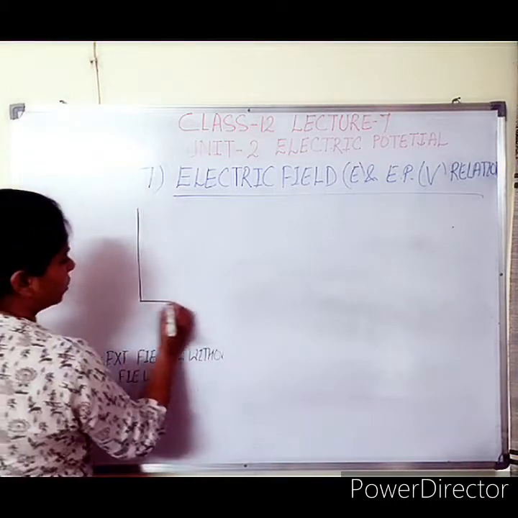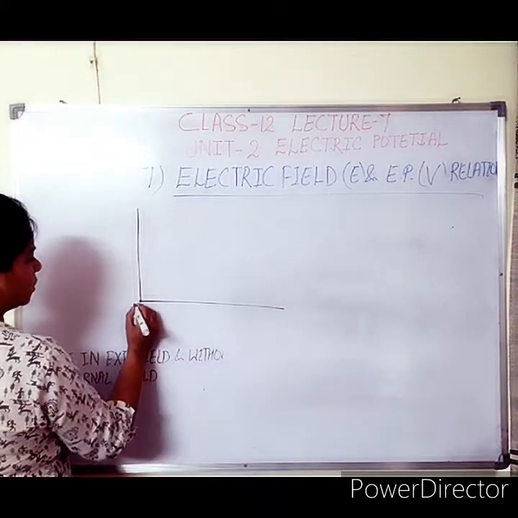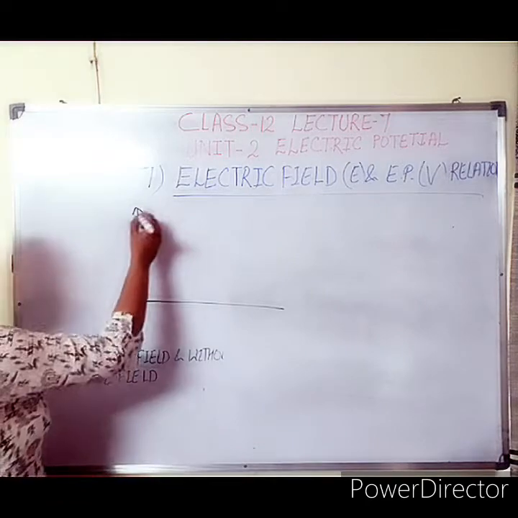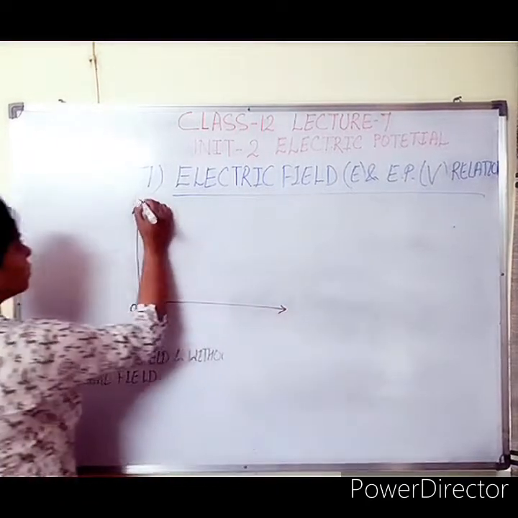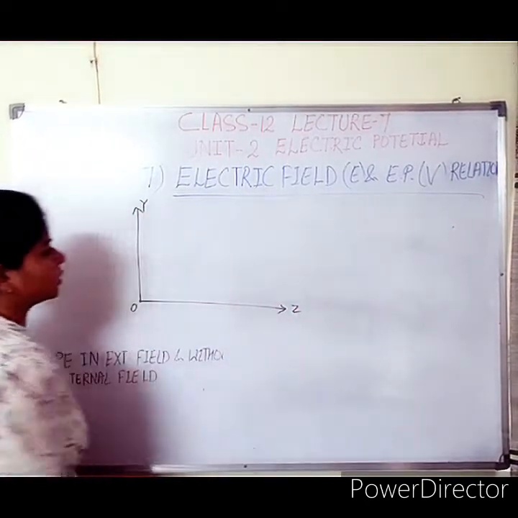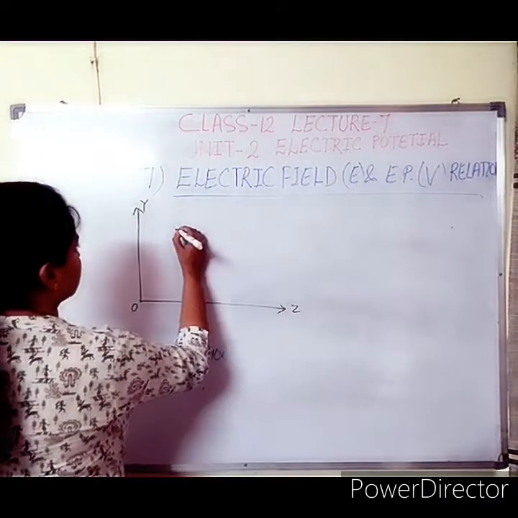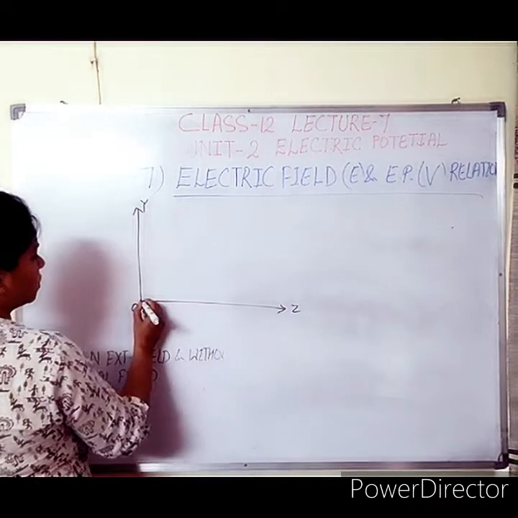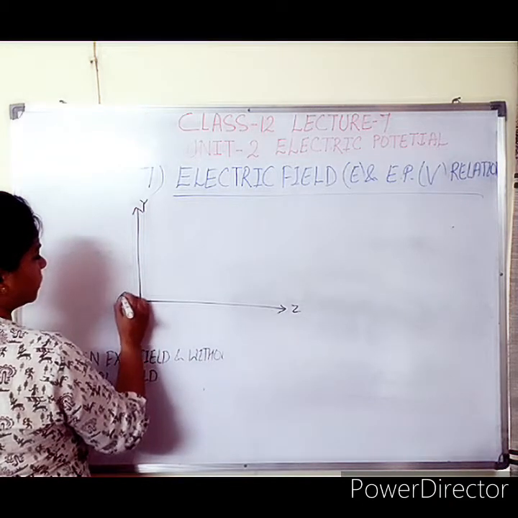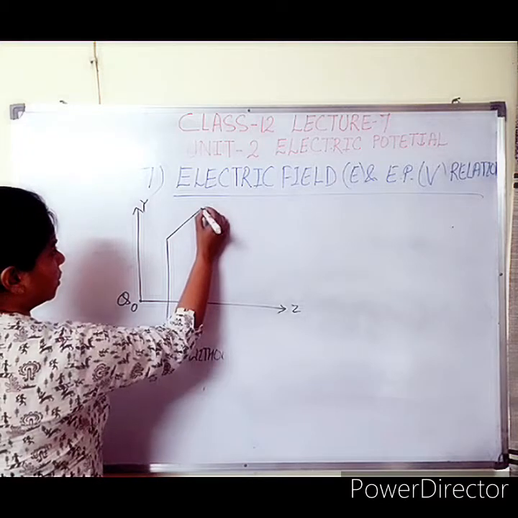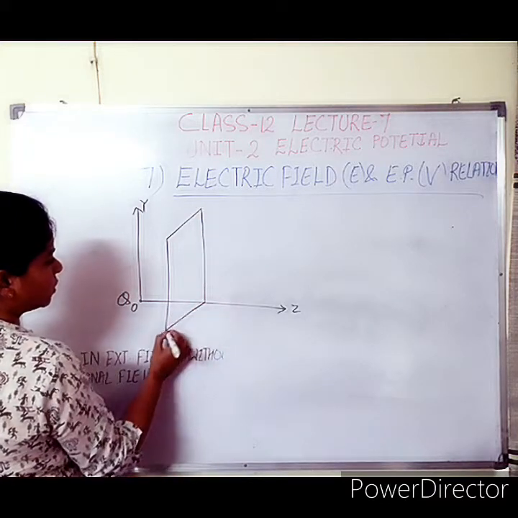I am drawing here a coordinate system. This is the origin point, this one is the y-axis, and this is the x-axis, and we have taken two equipotential surfaces. The source charge is situated here, and there are two equipotential surfaces.